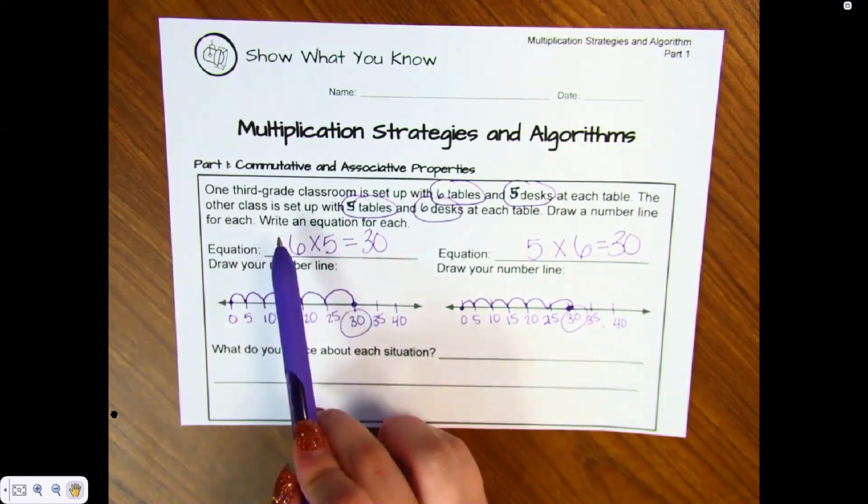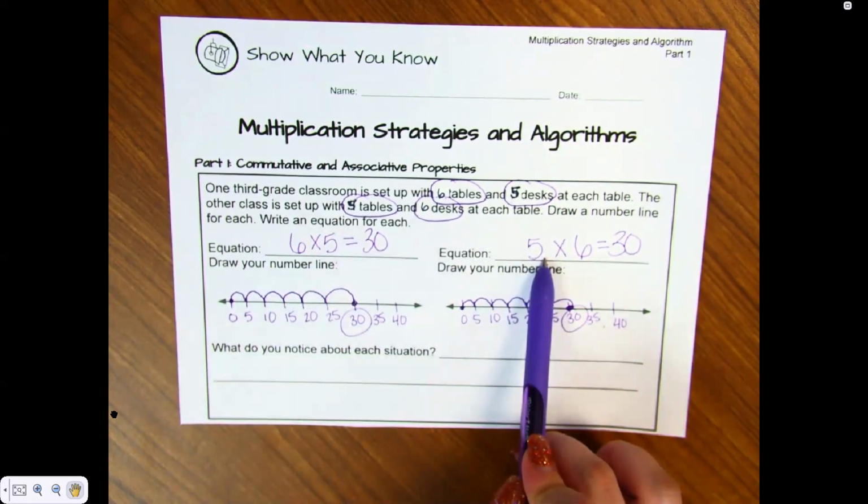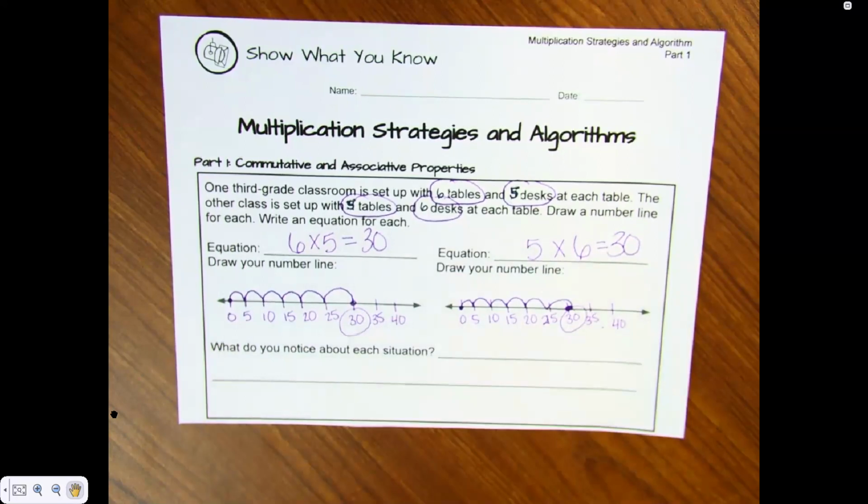Well, what's the only difference between this equation and this equation? Walter, what's the only difference between this equation and this equation? That the numbers are in different positions. The numbers are in different positions, right? The numbers are flipped.